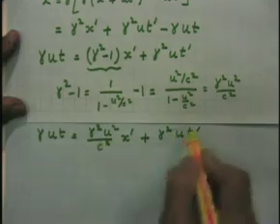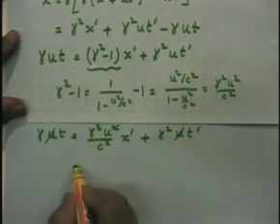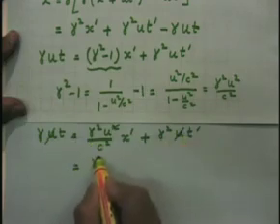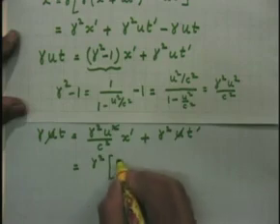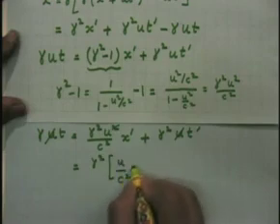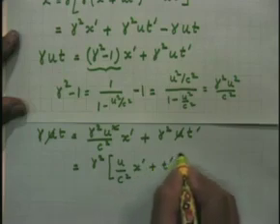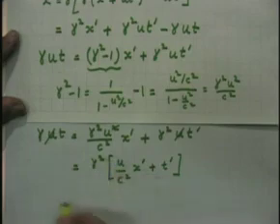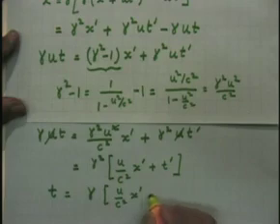If you cancel u, one u and one u cancel, and then you take gamma squared outside. You get gamma squared within brackets u by c squared x prime plus t prime. One gamma cancels out with this. Therefore, t will be equal to gamma times u by c squared x prime plus t prime.